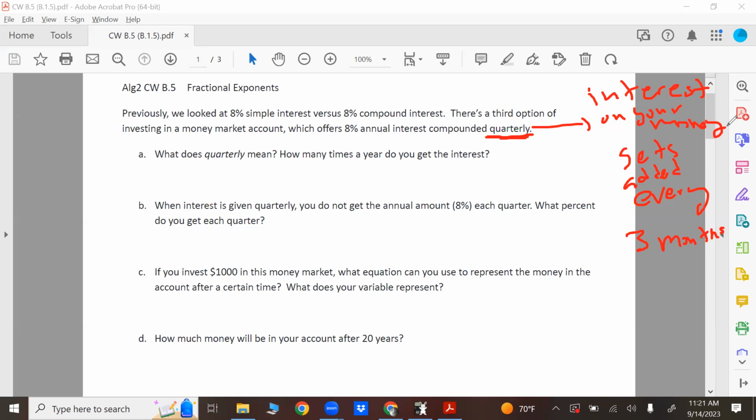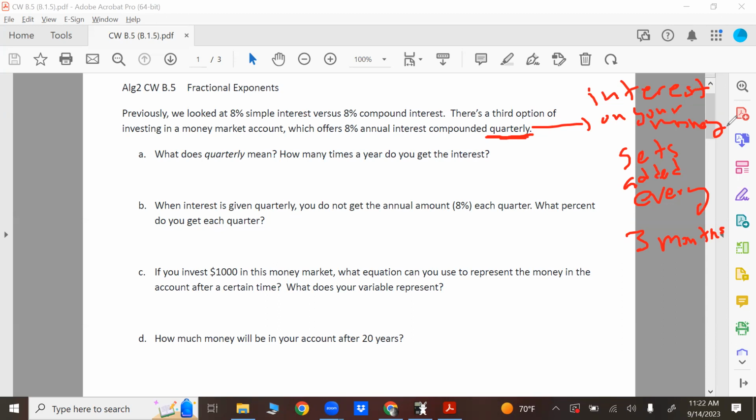Or I could be more strict and say, we're on a payment plan, and I'm going to charge you 5% interest. So he has to pay a little bit more than $1,000, and I'm gaining money. Interest is a way of gaining money, and you apply that percentage at certain times. Maybe every year I'll apply 5% interest, or like a credit card, every month they apply the interest. So that's what interest is, and we're doing it quarterly.